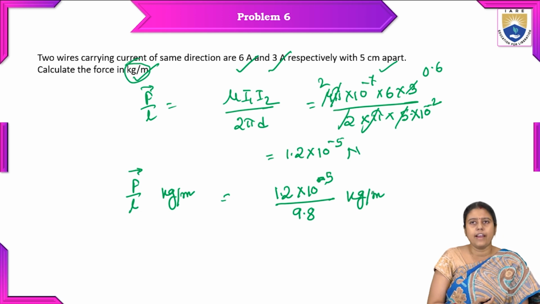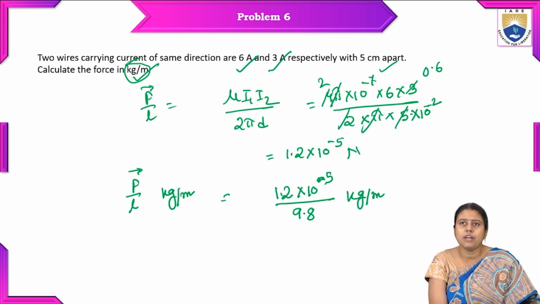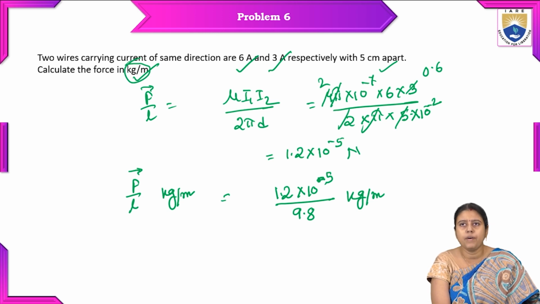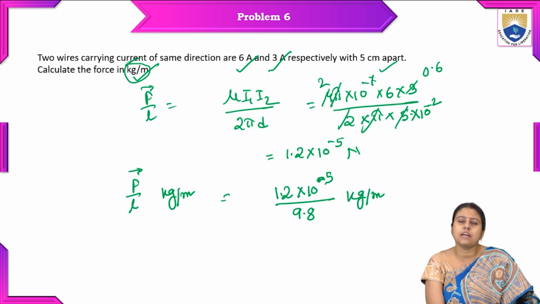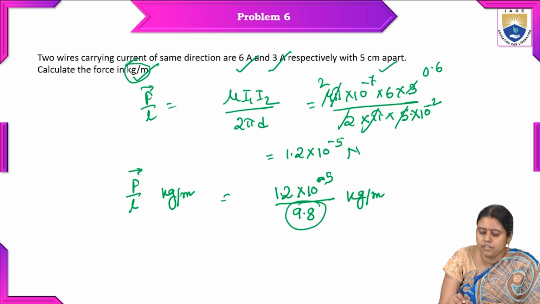If you take 10, you can also take it as 10. Then it will come 1.2 into 10 to the power minus 6. So this is the change that we have to make: divide the Newton by the gravitational acceleration.